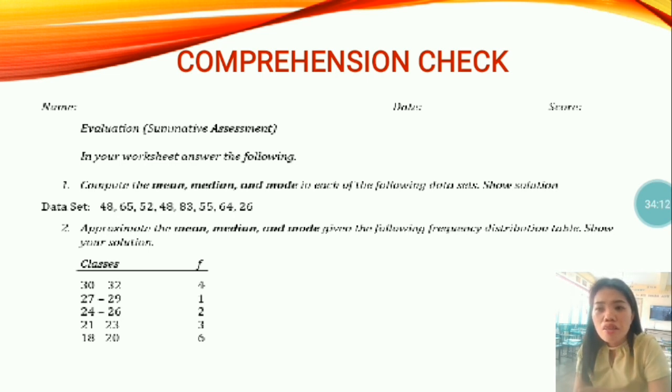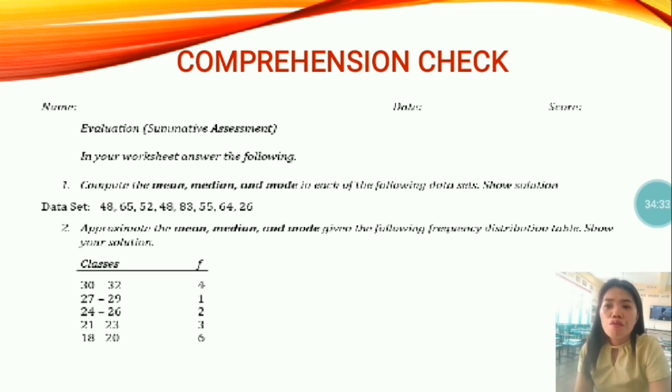You have 48, 65, 52, 48, 83, 55, 64, and 26. So you are going to get the mean, median, and mode for that ungrouped data.